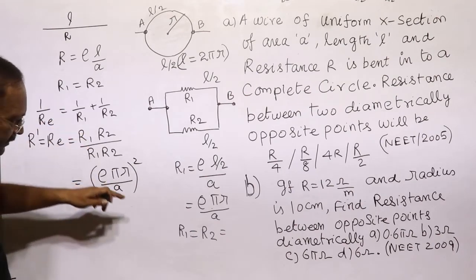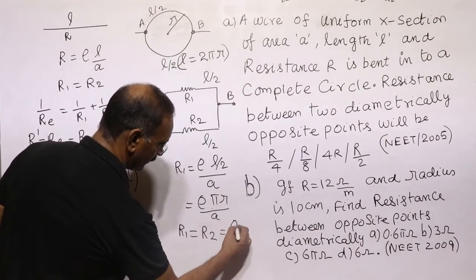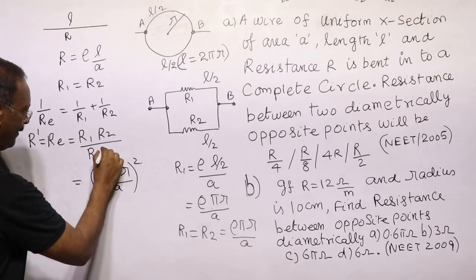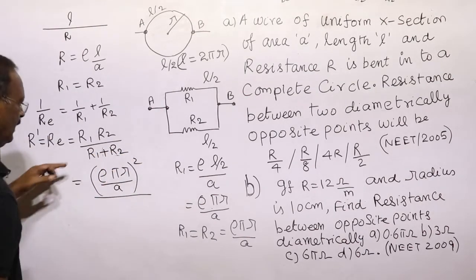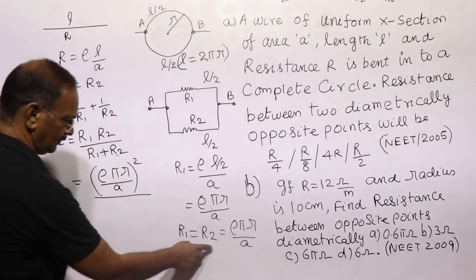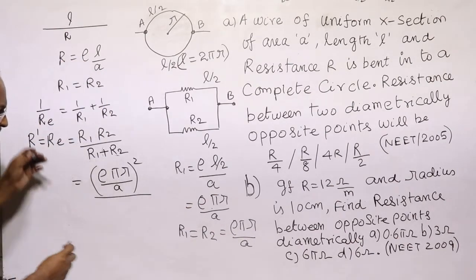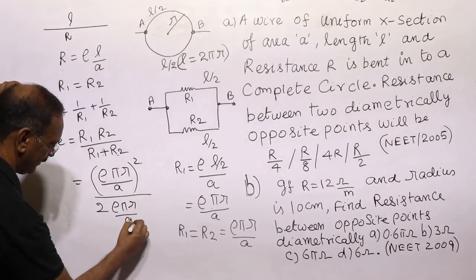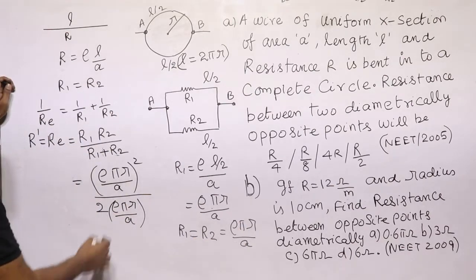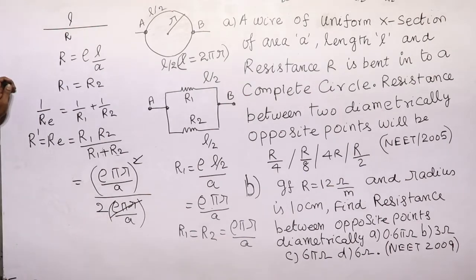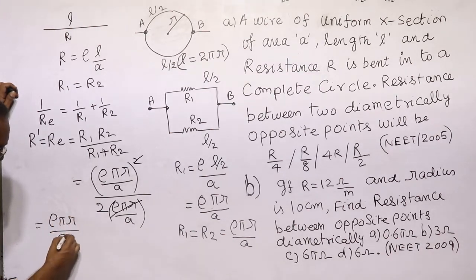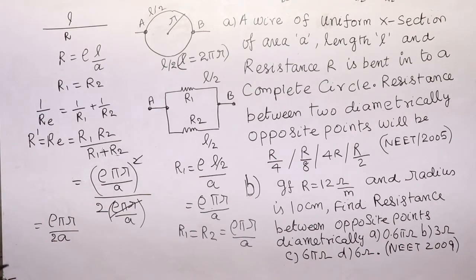R1 plus R2 is twice rho pi r by A. Cancelling, R dash becomes rho pi r by A into 2, divided by 2.